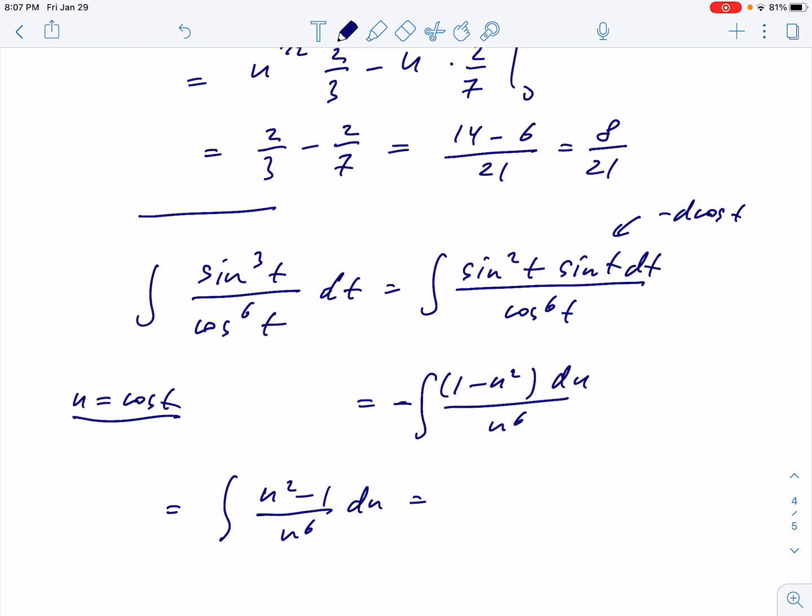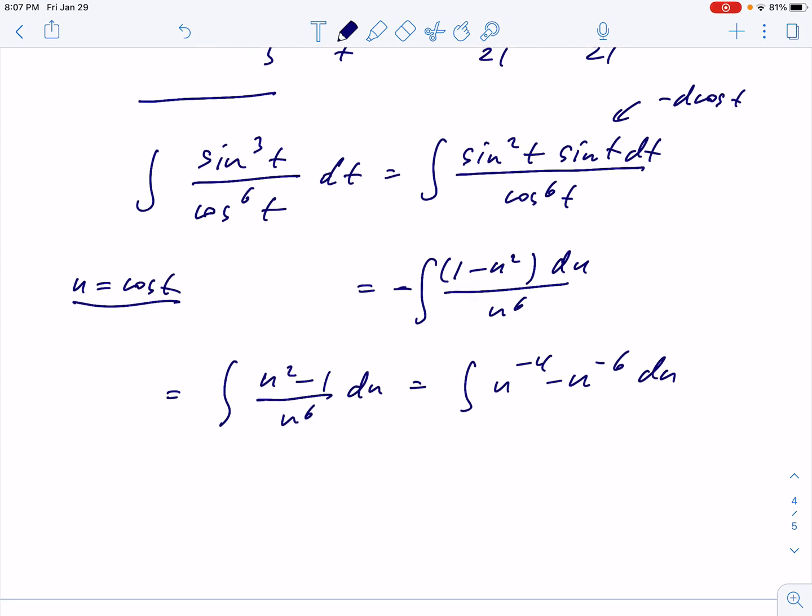And then how to solve? We divide, using properties of exponents. 2 minus 6 is negative 4, minus u to the negative 6 power du. That's the only way to integrate.